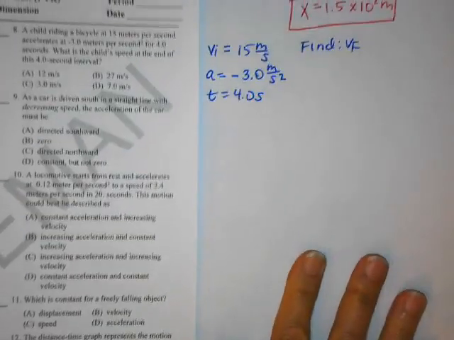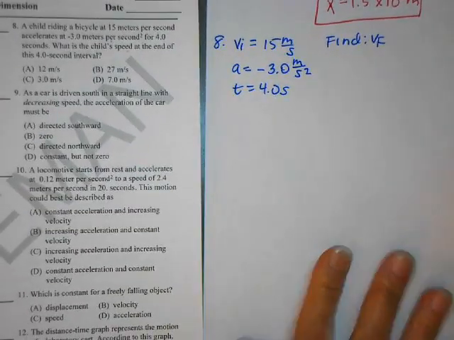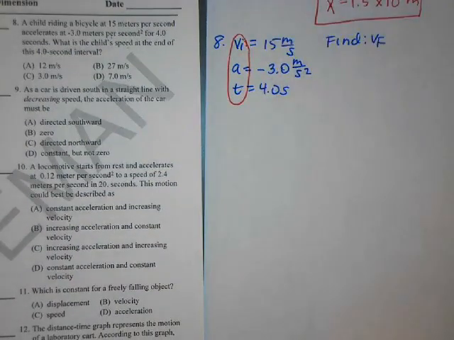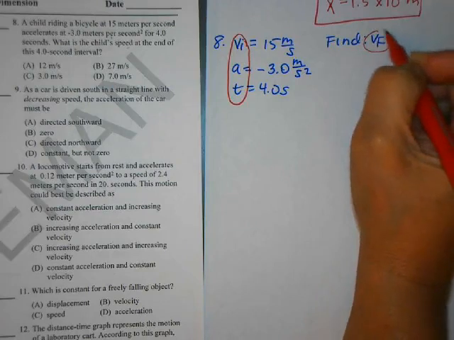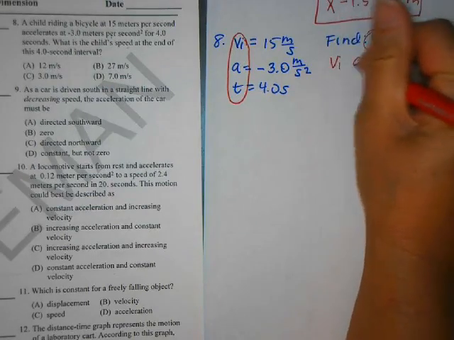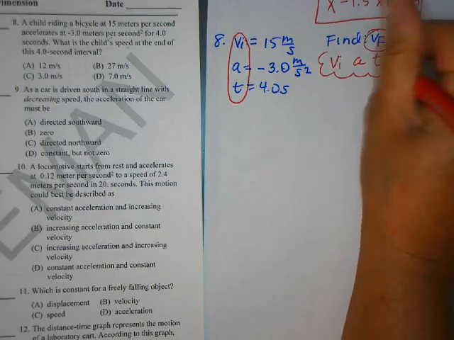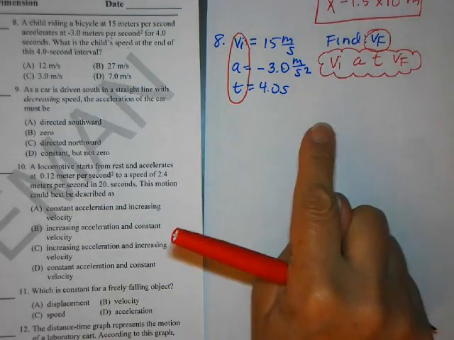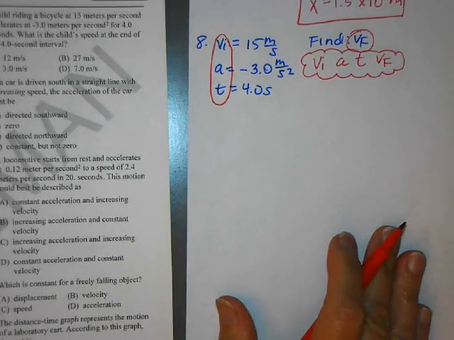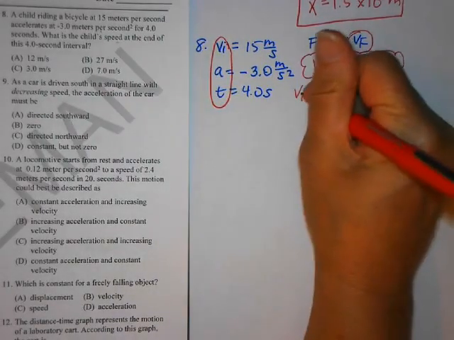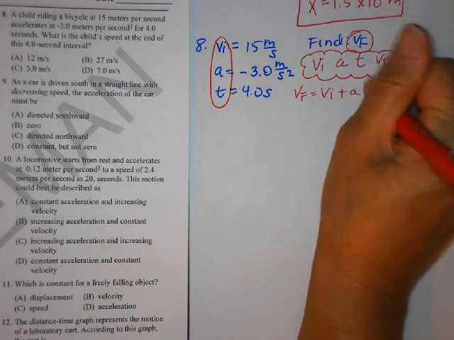So again, for us to know which equation to use, this is what I'm given. This is what I want to find. So I have VI, A, T, and VF. I look at my blue sheet and I say which equation has those 4 variables. So that's VF is equal to VI plus AT.